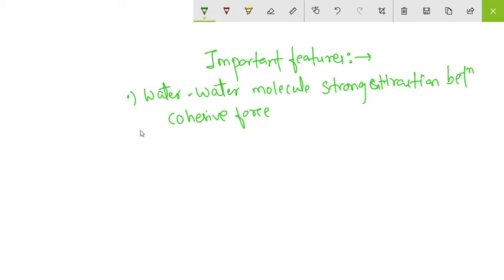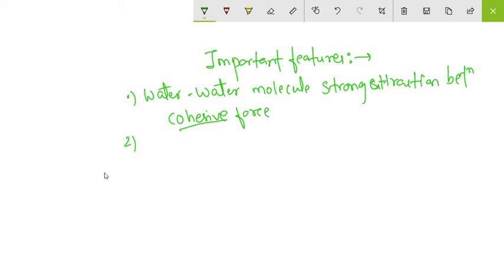One end is positive and the other end is negative, and therefore these water molecules have a strong attraction between them. So the first feature: the water molecules have a strong cohesive force.